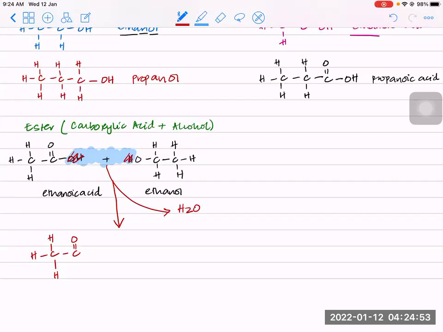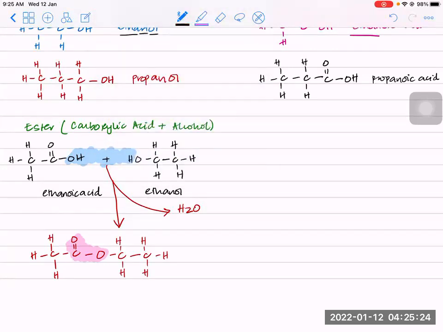This is gone. So it will bond directly with this O. Then you have a CH2 and another CH3. So this right here, if you see, is the ester linkage: C double bond O, single bond O. This right here is your ester.